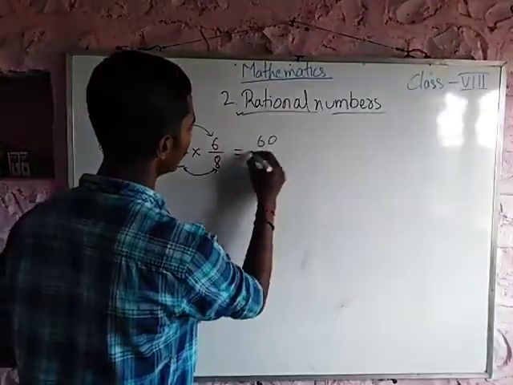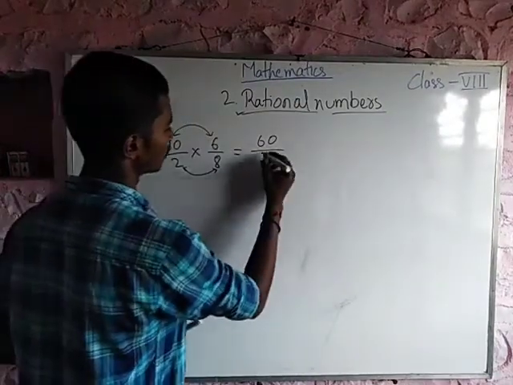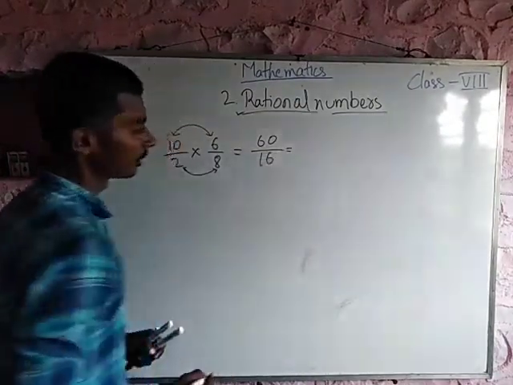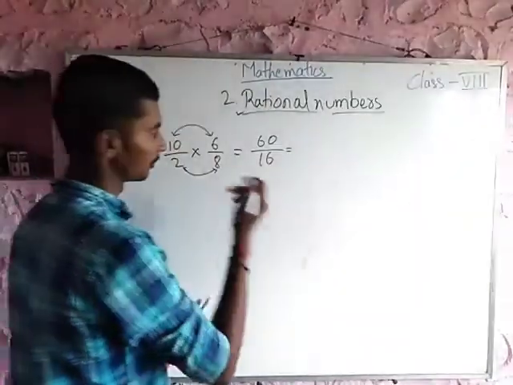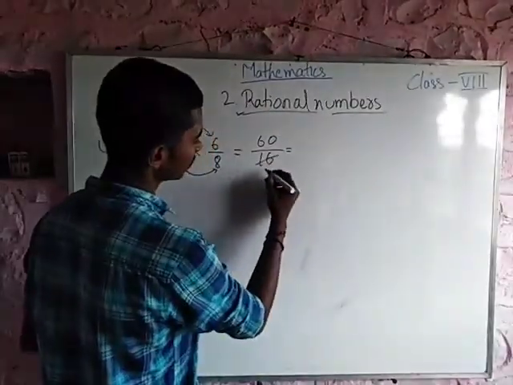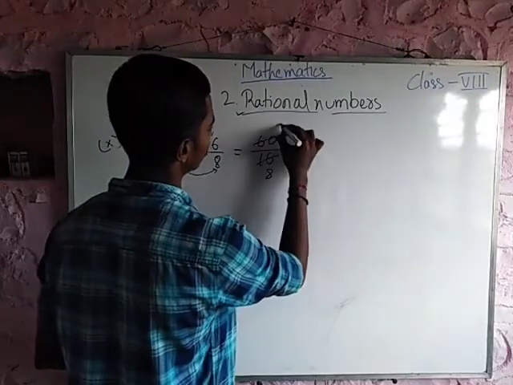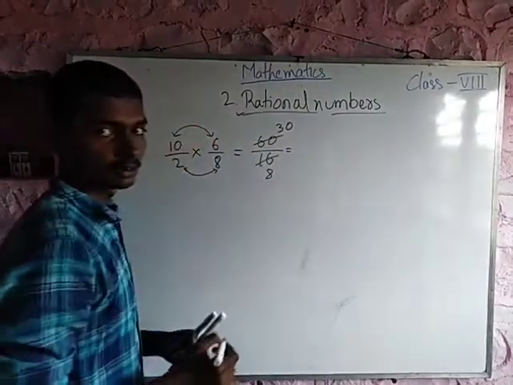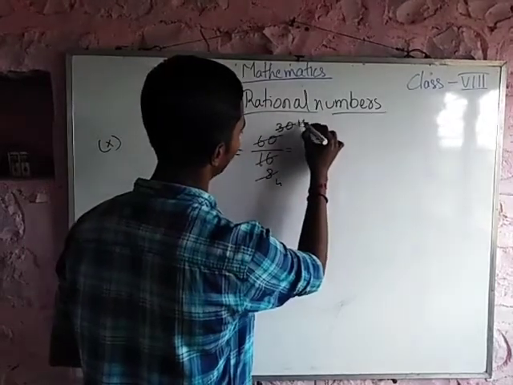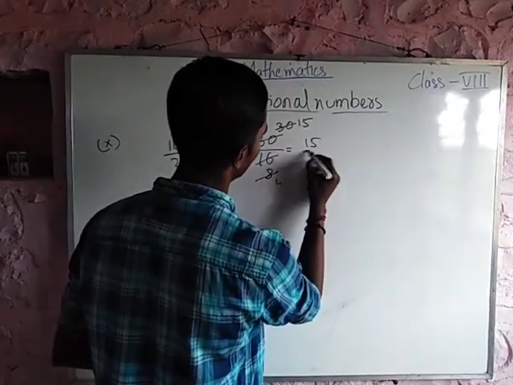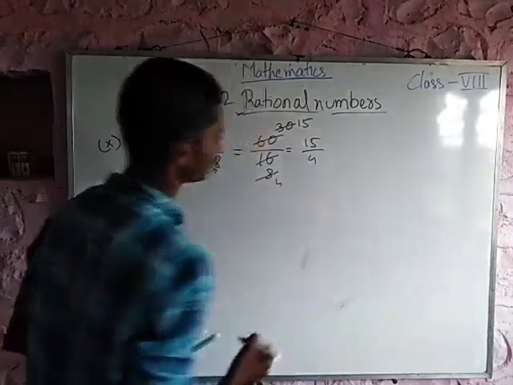So this is 10 6s are 60, and 2 8s are 16. Okay, this when simplified I'll get some answer. 2 8s are 16, 60 and 16, and if I further simplify, 2 4s are 8, 2 15s are 30, so it is 15 by 4.